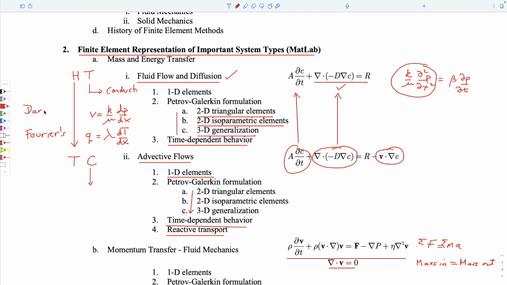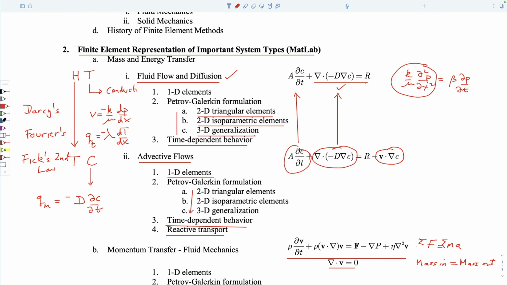Darcy's law. So depending on your background, you might have heard of these laws. This would be Fick's second law. For chemistry, and that is that this is a thermal flux. Fick's law is that a mass flux is equal to, should make sure we have the minus sign in here, the diffusion coefficient for that flow times the gradient of concentration.